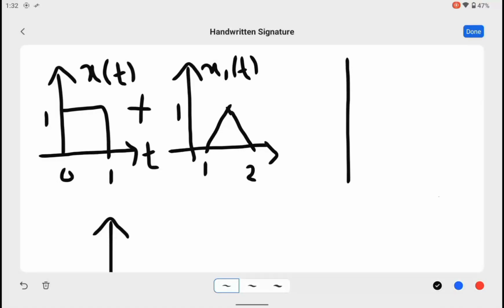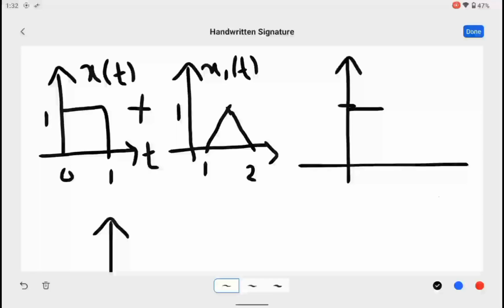Okay. So when I add both of these signals starting from the point 0, at the point 0 the amplitude of the first signal is initially 1, and for the second signal there is no amplitude actually. Okay, so until 1 the amplitude of this signal is 1, so it is going to remain the same. But at the point 1 the amplitude of the second signal is actually 0, and it starts increasing gradually, right?